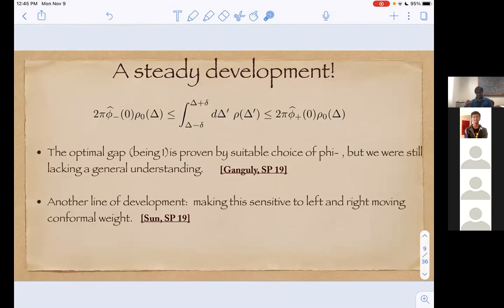But the way we obtained this function was a bit ad hoc. So we were still lacking a general understanding of how one should construct these functions phi minus and phi plus so that these inequalities are tight.